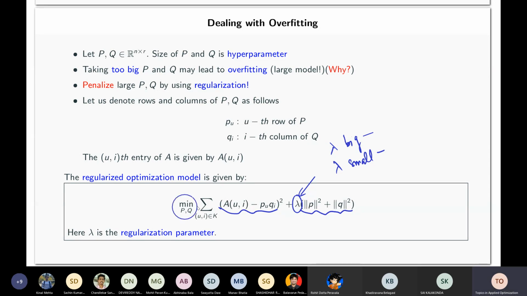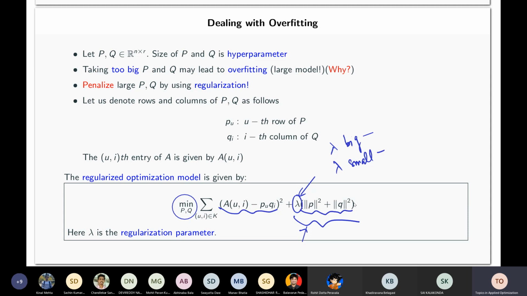Remember, the optimizer is doing minimize, and these are positive quantities. So a higher value of lambda will mean what? The optimizer will put a lot more pressure on this term, because it sees that it's a lot more beneficial to minimize it. In other words, it's important to put a lot more focus on this part.